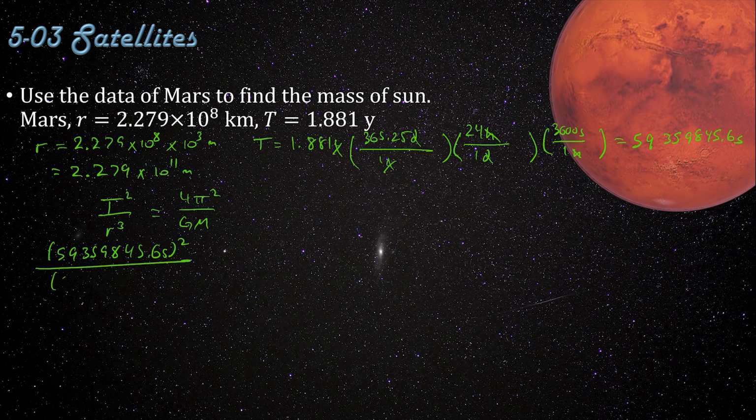Our radius is 2.279 times 10 to the 11 meters, and that's cubed. G is 6.673 times 10 to the negative 11 times M. So I think we can cross multiply those together.